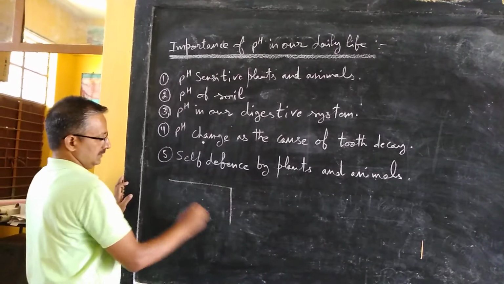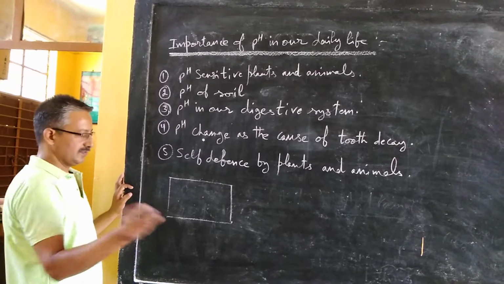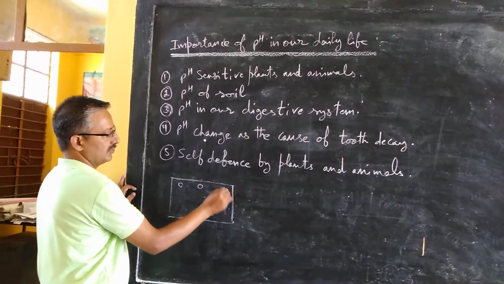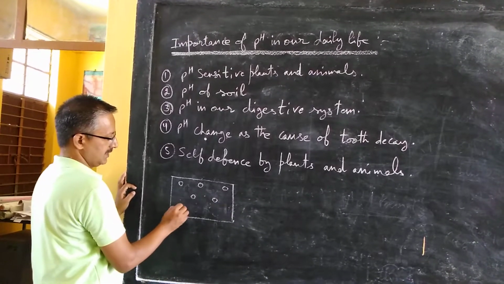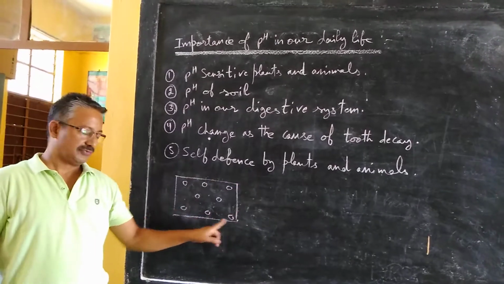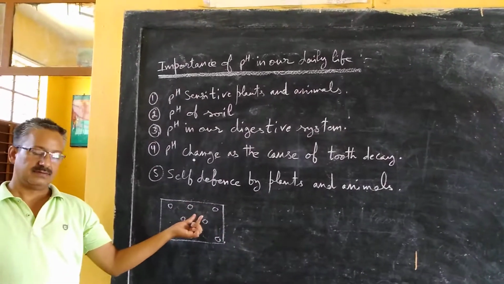Suppose this is a field and we need to check the pH value of soil. Then what we will do? We will take samples of soil from different places, just like this way. If this is the field, then I will take samples from these many places.